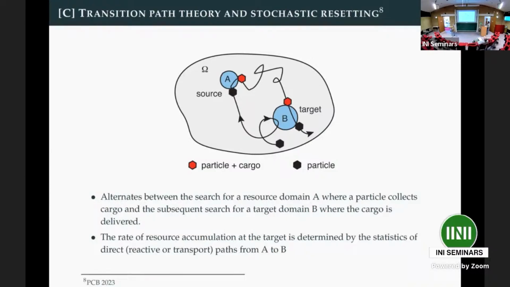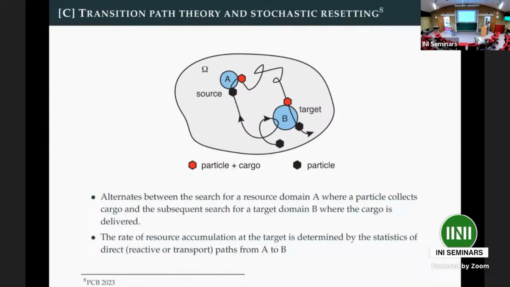And in this recent work, I've combined the two, in which a particle first has to find a target, which is, let's not call it a source of resources, pick up the resources, and then deliver it to a target. And for simplicity, I'm going to just take this to be a diffusing particle, Brownian motion.